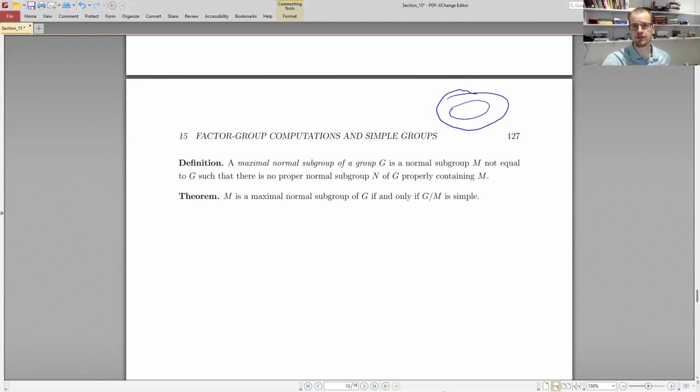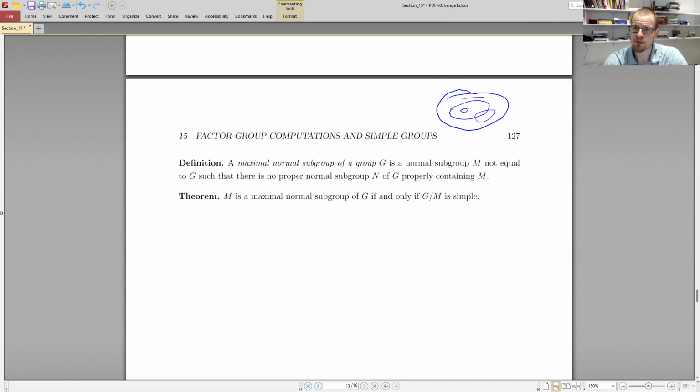All right, so if I have a group G and I have the maximal normal subgroup, then there might be other normal subgroups in here. That's fine. If we have a normal subgroup, it is maximal if no other normal subgroups contain it. So technically, maybe you could have two maximal. It is a maximal normal subgroup, not necessarily the maximal normal subgroup.